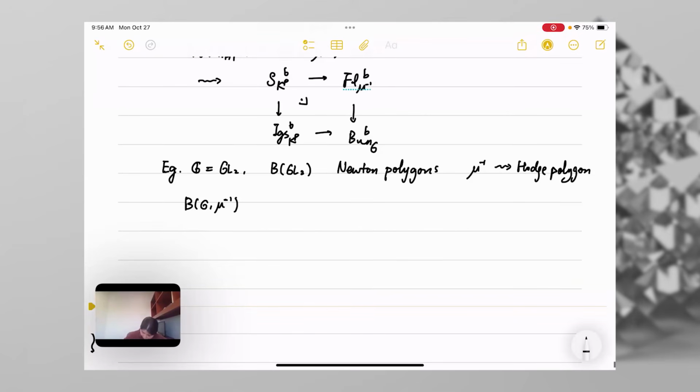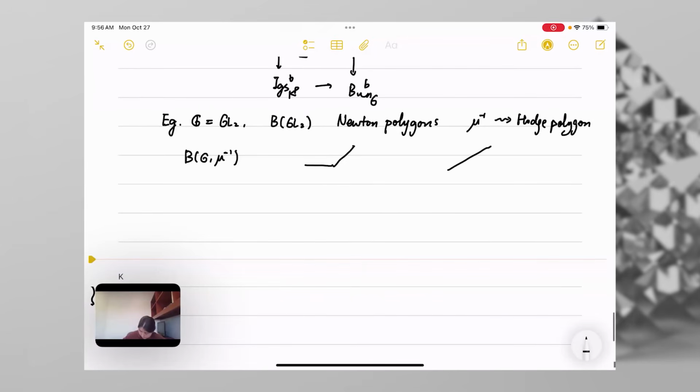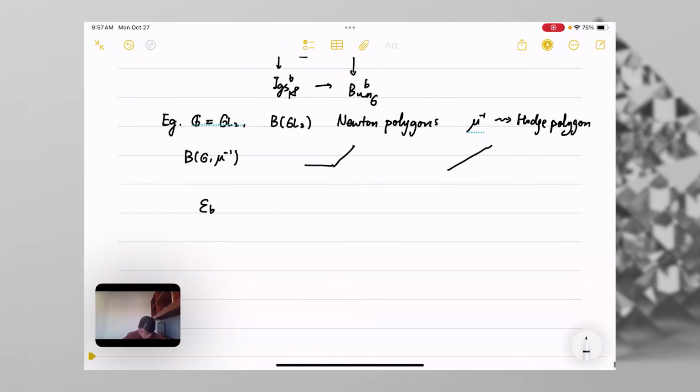All right, so the B(G, mu inverse) will be the Newton polygons above the Hodge polygon. So in particular, in this case, you have two, with slopes 0, 1 and 1/2. And correspondingly, the vector bundle on the Fargues-Fontaine curve, which we denote by E_b, will be O plus O(1) versus O(1/2).